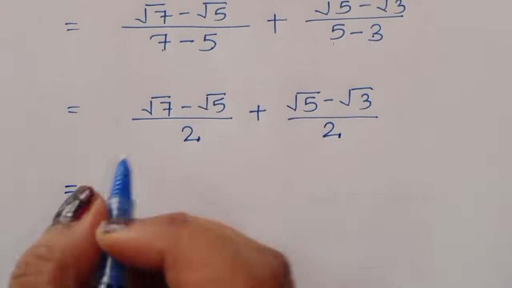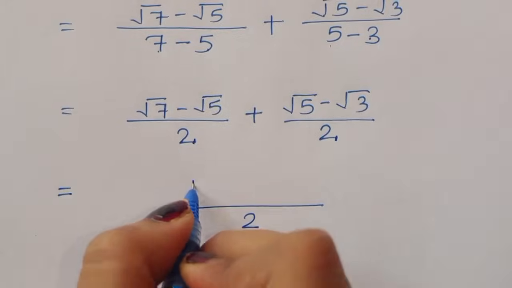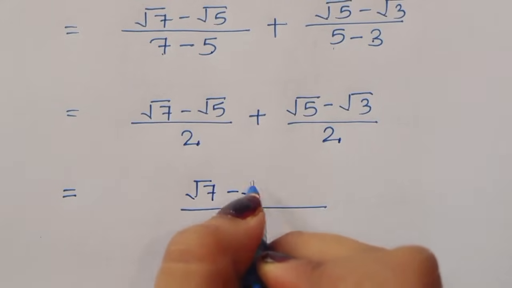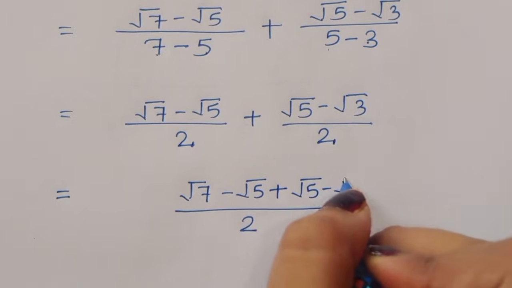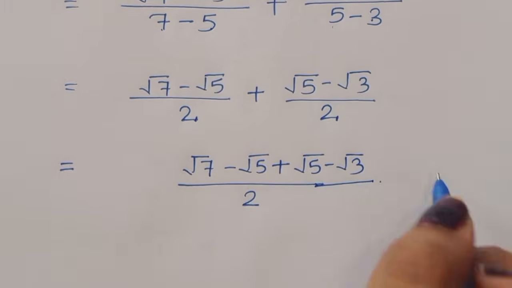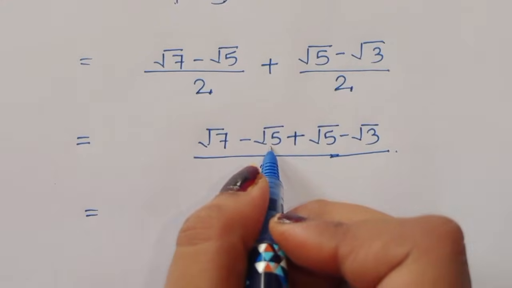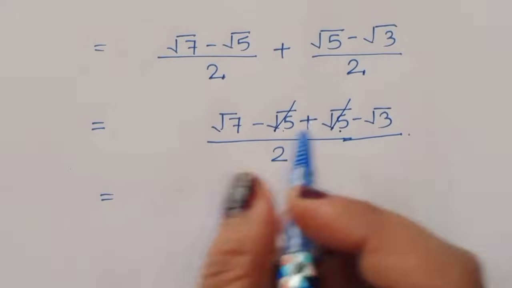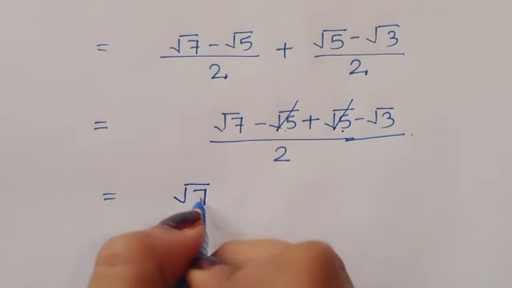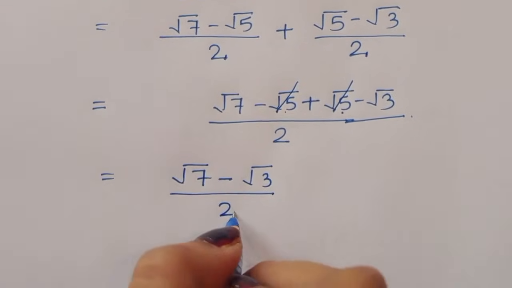Now we can take here LCM, so 2 to cancel, square root of 7 minus square root of 5 plus square root of 5 minus square root of 3. Adding this term, square root of 7 minus square root of 5 plus square root of 5, so minus square root of 5 and plus square root of 5 will cancel here. Now square root of 7 minus square root of 3 divided by 2.